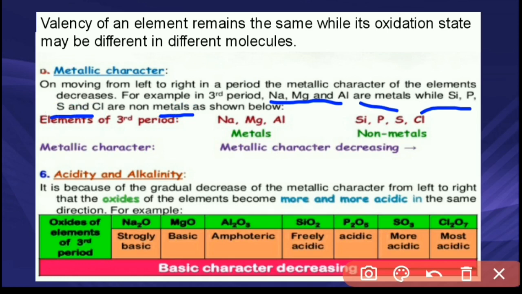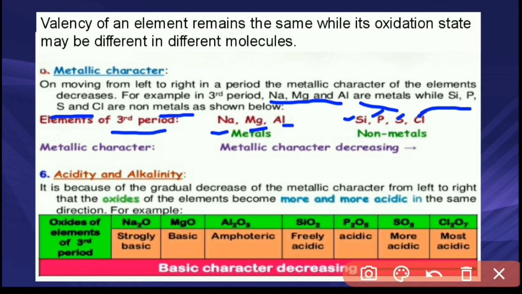Taking the third period elements, sodium, magnesium and aluminum are the metals. And when we move left to right in the period, silicon, phosphorus, sulfur and chlorine are non-metals. So metallic character decreases when we move from left to right in a period.